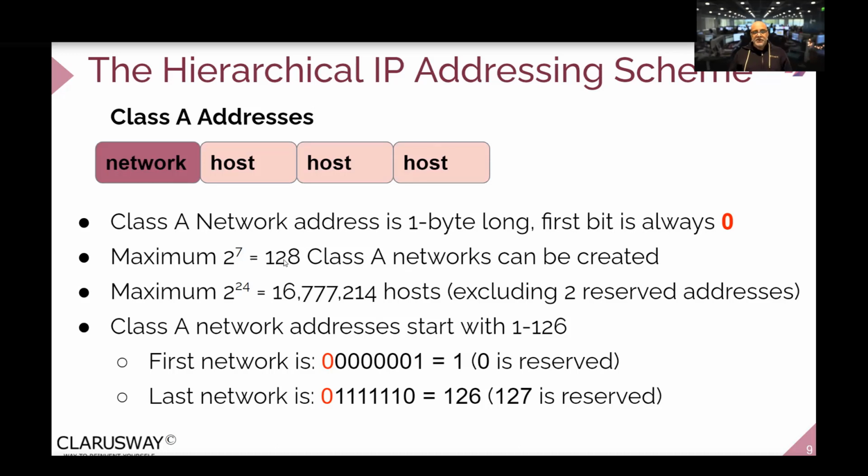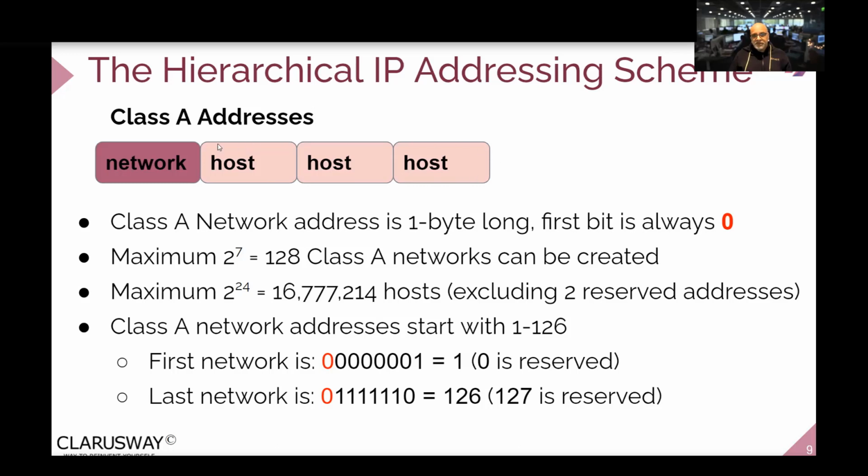So you can imagine these are reserved for very, very big networks that are going to have a lot of hosts. So if there are 128 networks, how many hosts can I have on each network? Well, there are 8 bits here, and 8 bits, and 8 bits.